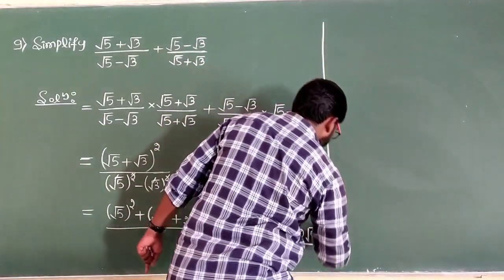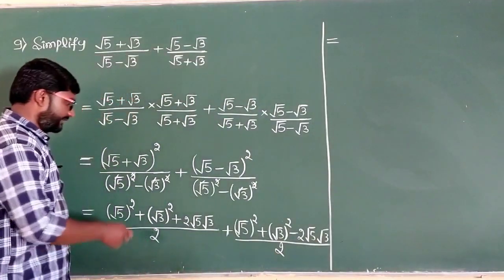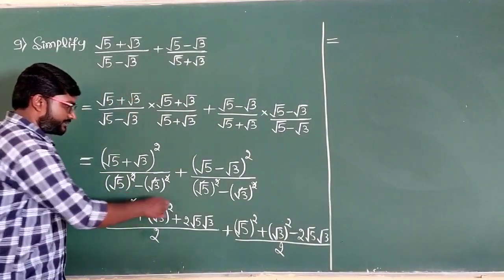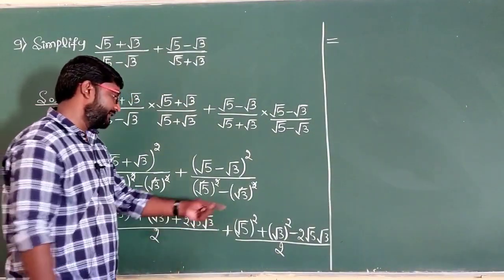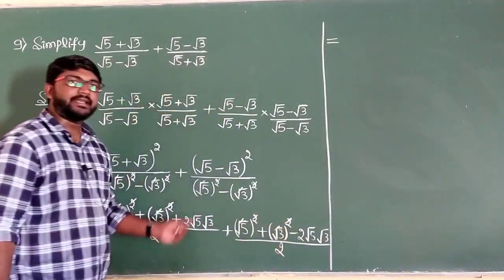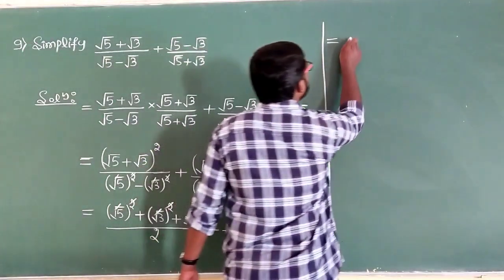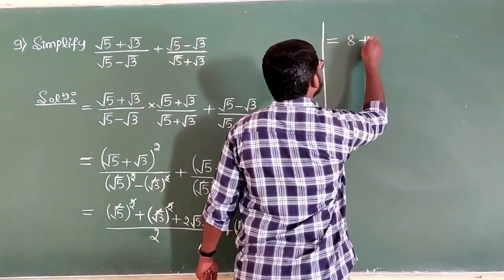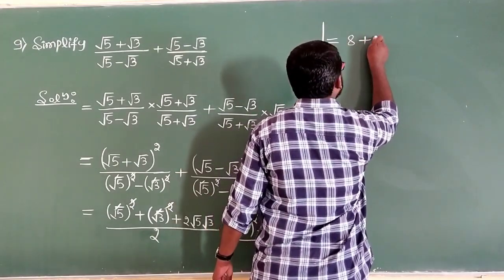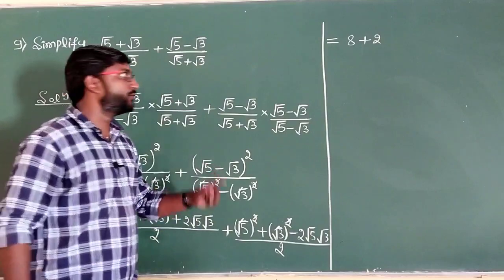So in the next step this is equal to, so now see here square and root get cancelled. Here again square and root get cancelled. I write the remaining term now. 5 plus 3 it is 8. 8 plus 2 times root 5 into root 3, it is root 15.